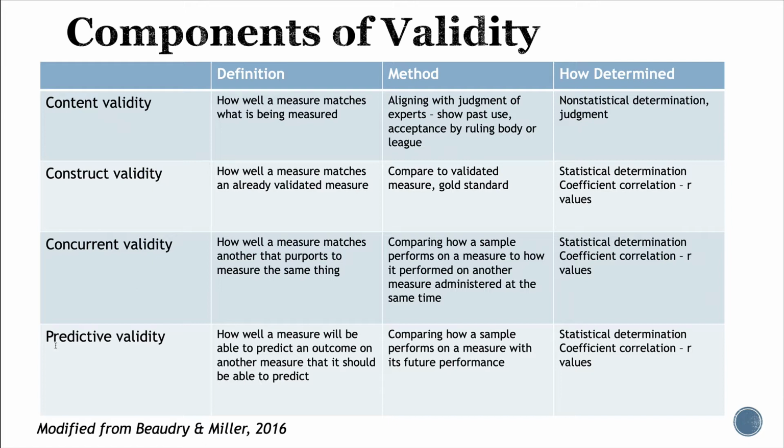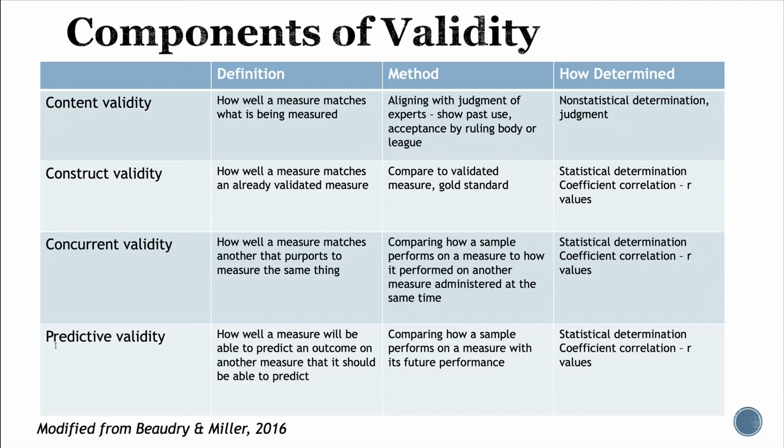Predictive validity means how well a measure is able to predict another measure. So this is when we think there's a relationship between two variables. An example might be, since we've been talking about the size of a foot, how well foot size predicts height of an individual.